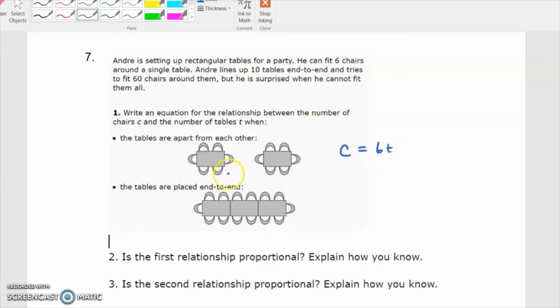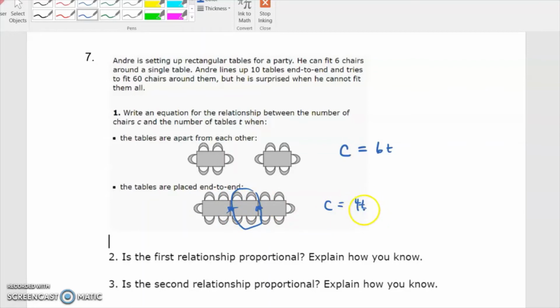Okay. Now this is the situation where he was confused and surprised when he couldn't fit all 60. Well, that's because you're losing a chair on the ends. When you put them together, you're losing that space. So how could we write an equation for this one? Well, each table can fit, for sure, 4 chairs.